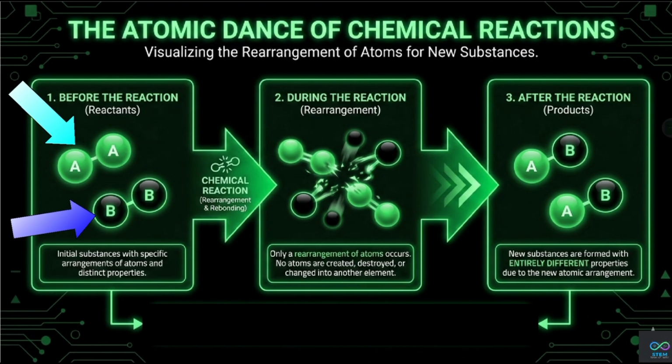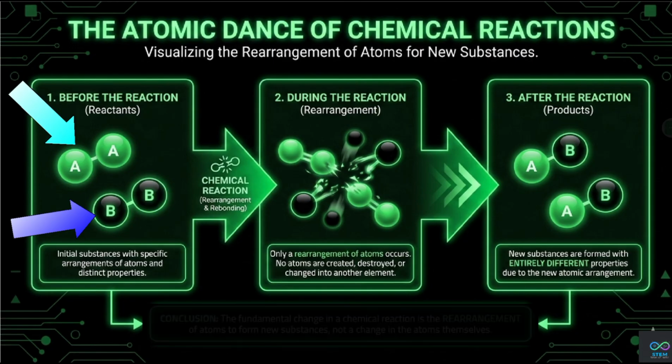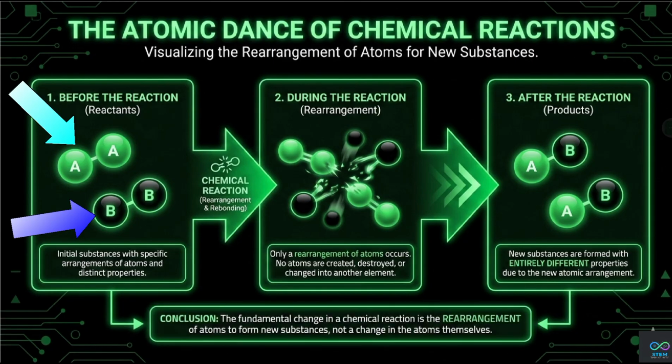Because atoms want to achieve lower energy, more stability. When new bonds form, energy may be released or absorbed. That is why some reactions produce heat, some absorb heat. Example: burning releases energy. Photosynthesis absorbs energy. But in both cases, atoms are simply rearranging.